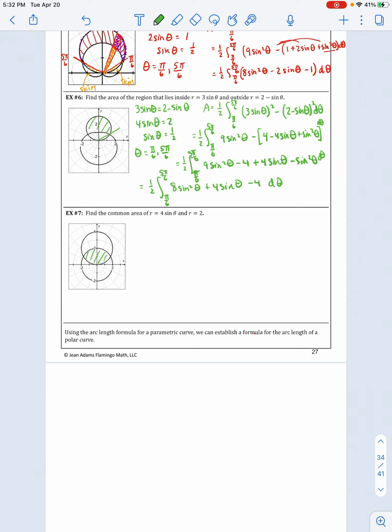When we were doing this other problem and some of the others, we were trying to find this area. And we said that if we integrate from pi over 6 to 5 pi over 6, it would give us that.